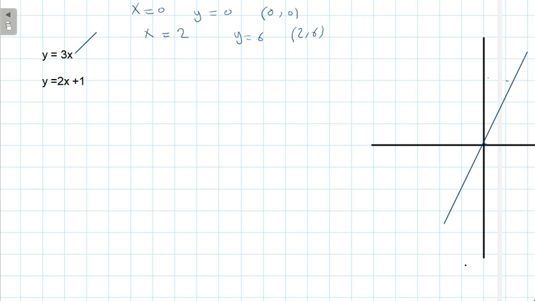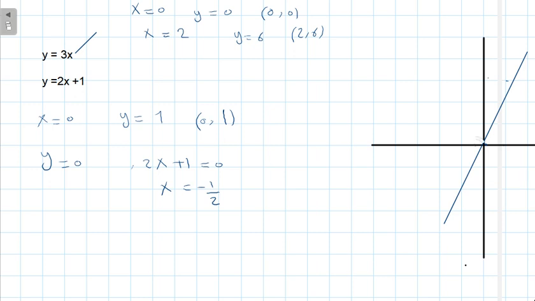For the second equation, y equals 2x plus 1, if x equals 0, then y will be 1. So I have this point 0, 1. If y equals 0, then 2x plus 1 equals 0, so x will be minus half.